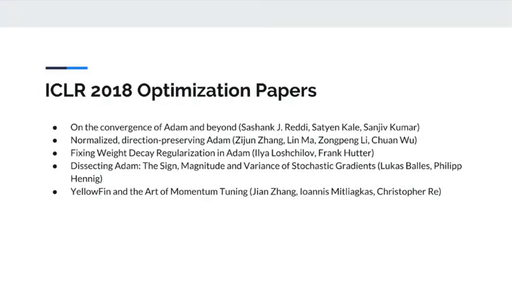There are a whole host of ICLR 2018 optimization papers that include On the Convergence of Adam and Beyond, Normalized Direction Preserving Adam, Fixing Weight Decay Regularization in Adam, Dissecting Adam, the Sign, Magnitude, and Variance of Stochastic Gradients, and Yellowfin and the Art of Momentum Tuning. So it's obvious that the research community has their eyes on Adam as they try and disentangle some of the effects they're experiencing from using the Adam optimizer in practice.